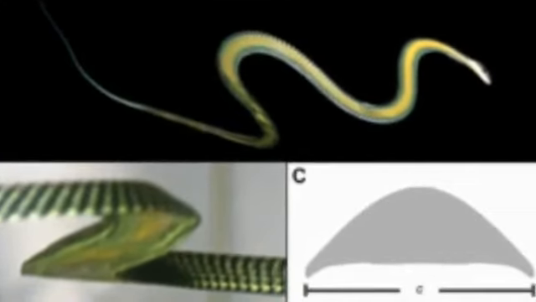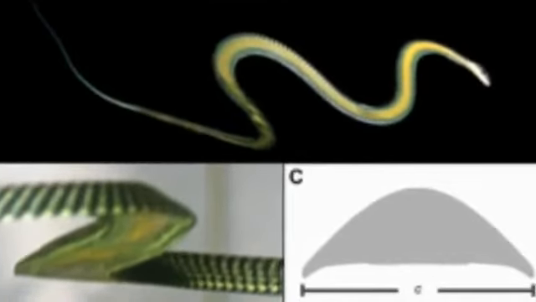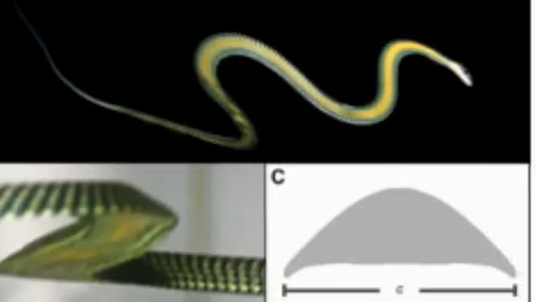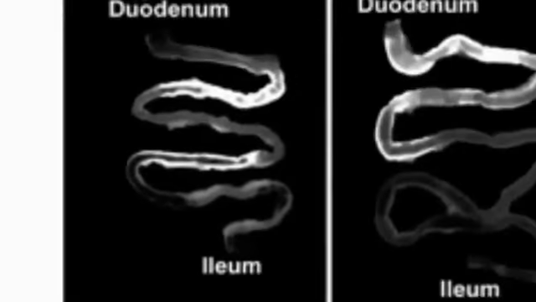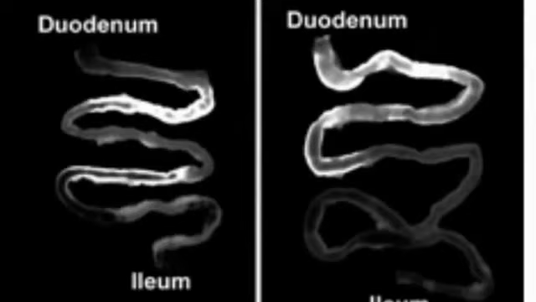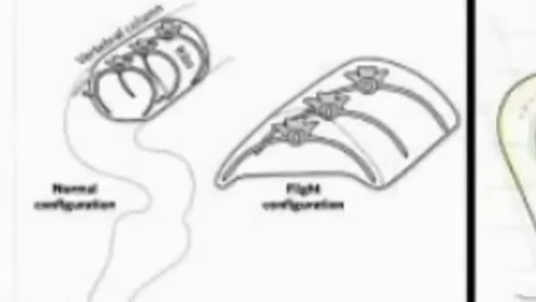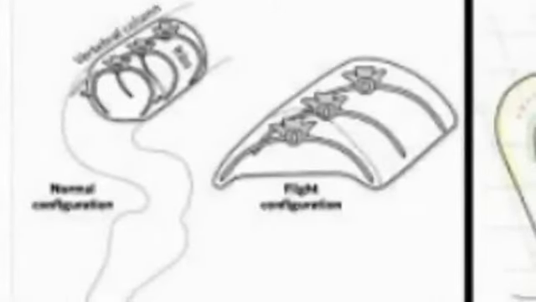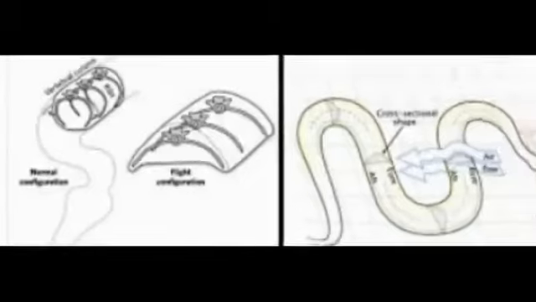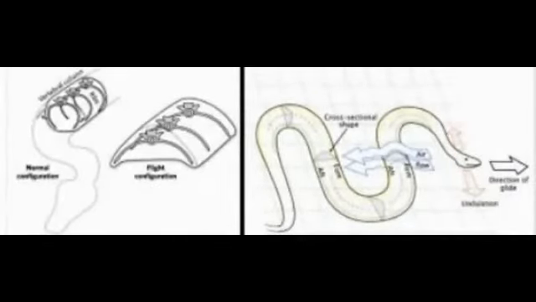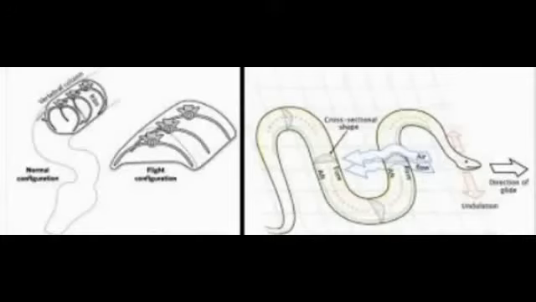The next slide is actually a representation of the shape of the snake and how the snake is able to move. Some snakes are able to fly, and some are able to swim. How is it possible if they have the same shape, a shape that supports them to move on solid surface, and how do they change the shape to be able to swim and also to fly?